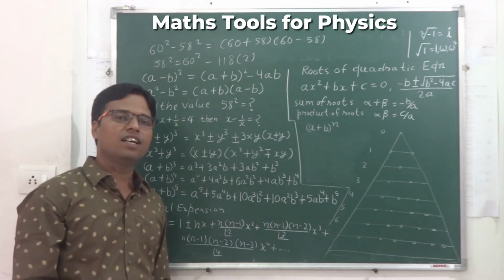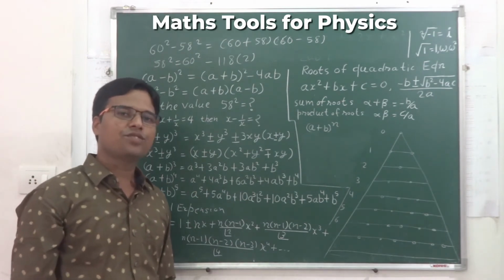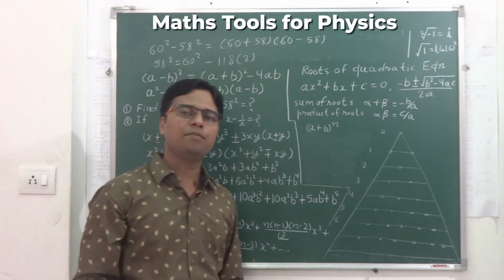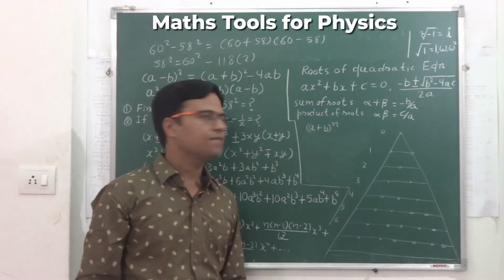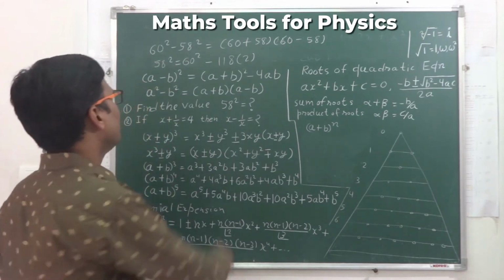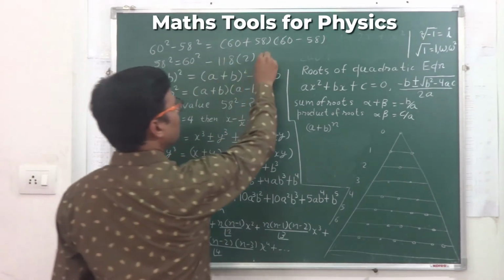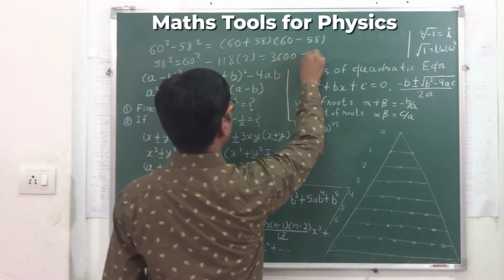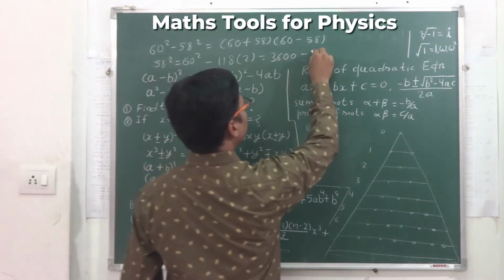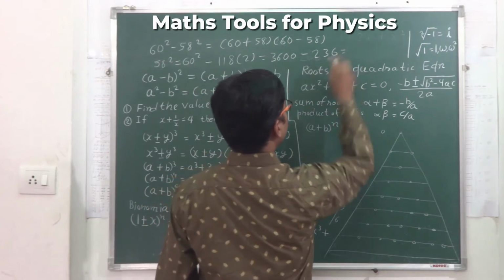Students, try to learn some new methods for mathematics, because I am not teaching you mathematics, this is physics. Now you can solve it very easily. 3600 minus that, which is equal to 236.